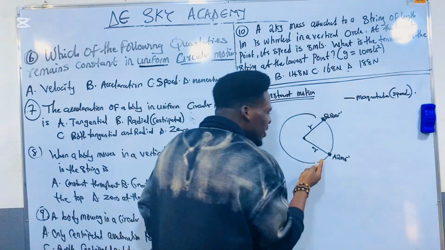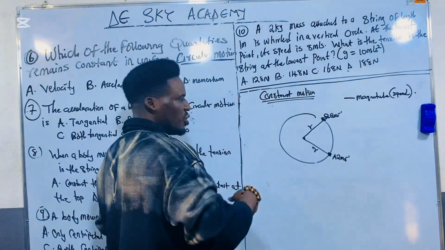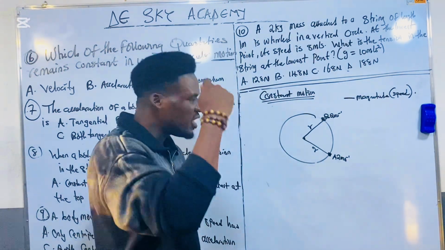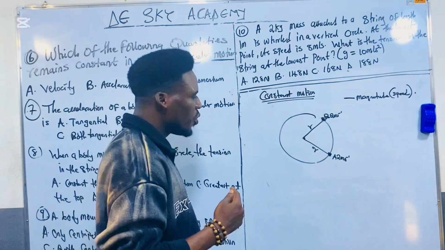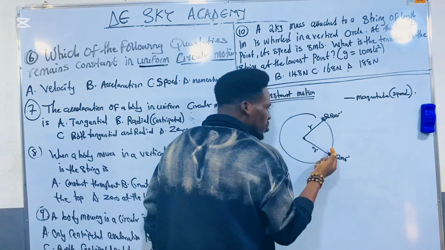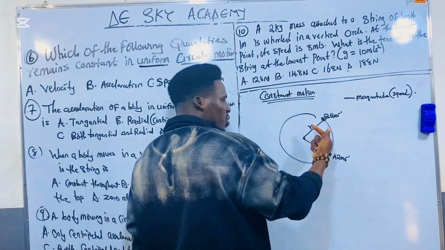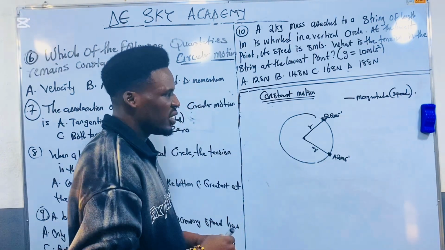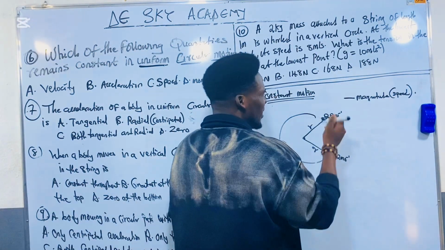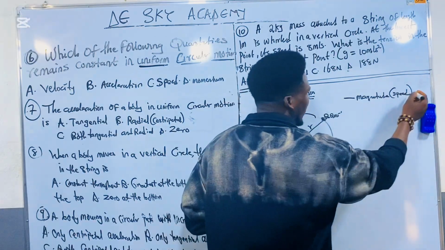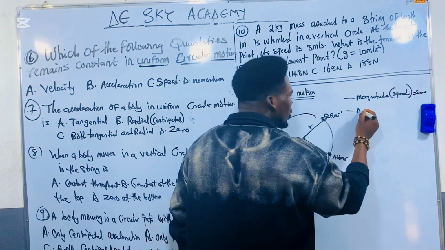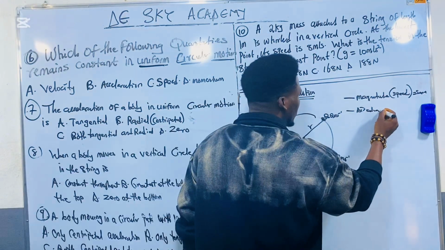A body that is undergoing circular motion must always change direction. It's a must. So this body that is moving in circular motion is always changing direction. If the body is changing direction, that means the magnitude is constant, the same, but the direction is changing.